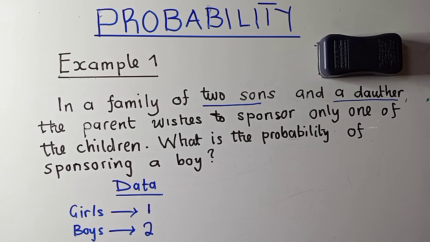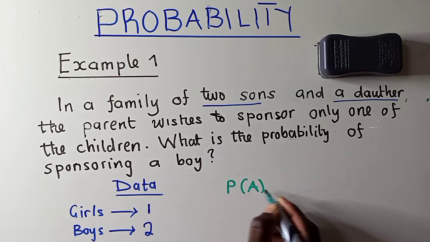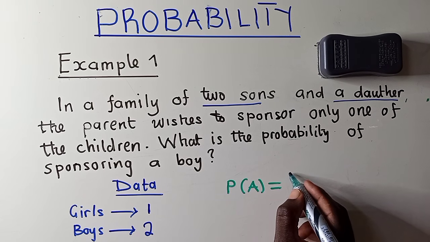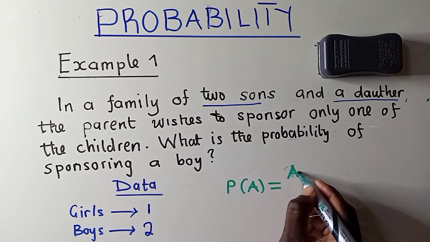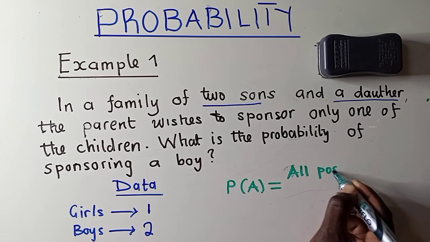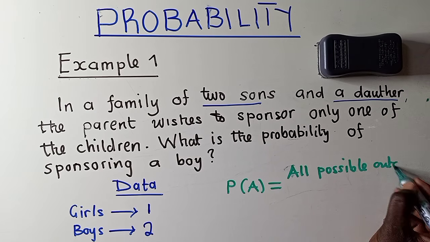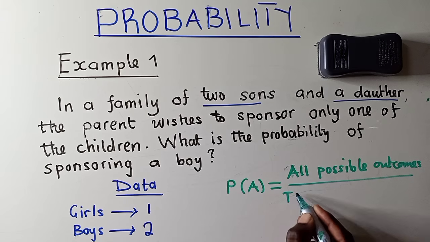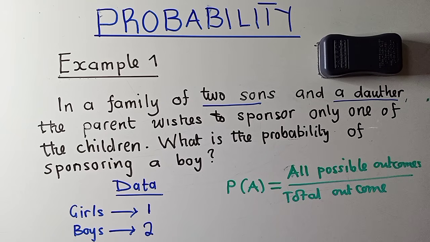Remember, we said the formula is: the probability of an event happening is equal to possible outcomes over total outcomes. All right, so this is very important. The formula is very important.